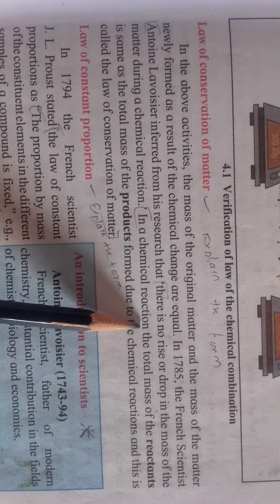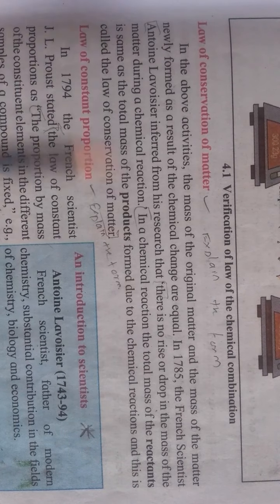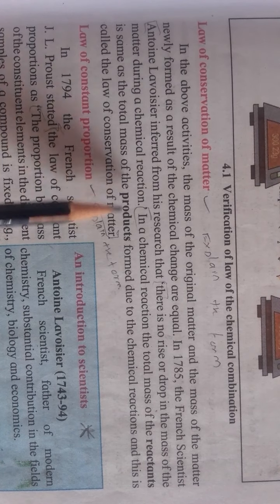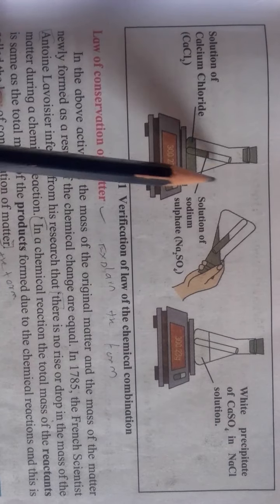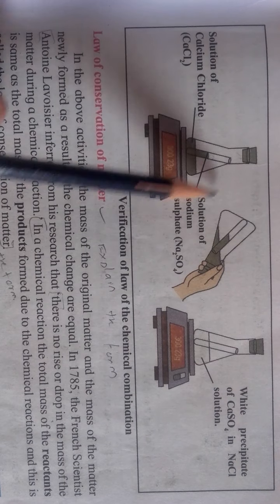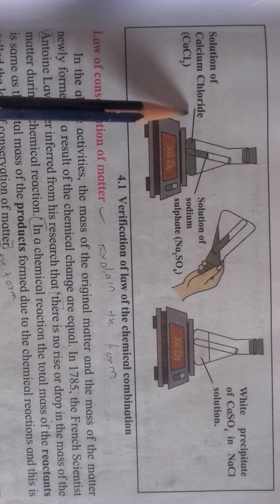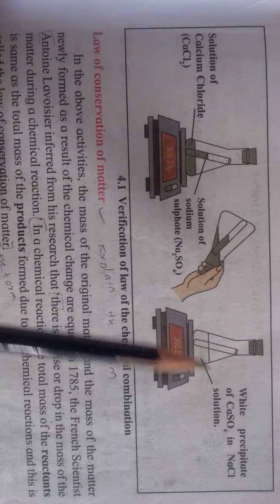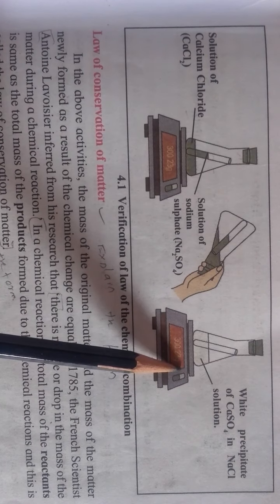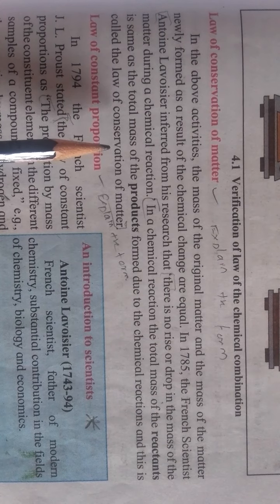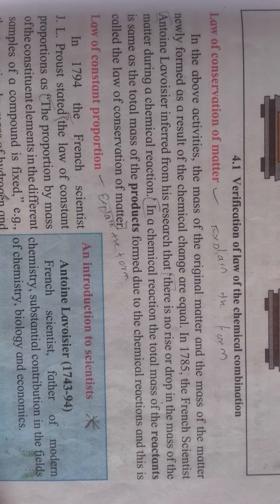In a chemical reaction, the total mass of the reactants is the same as the total mass of the products. That means, see, the total mass of the reactants, total mass means total weights of these reactants, is exactly similar to the total mass of the product. And this is called law of conservation of matter.